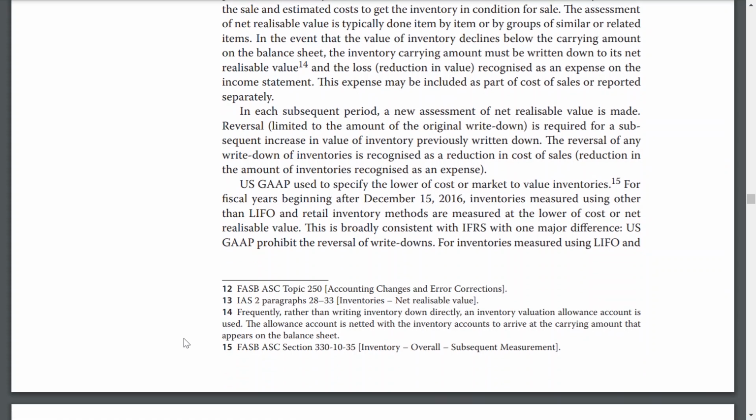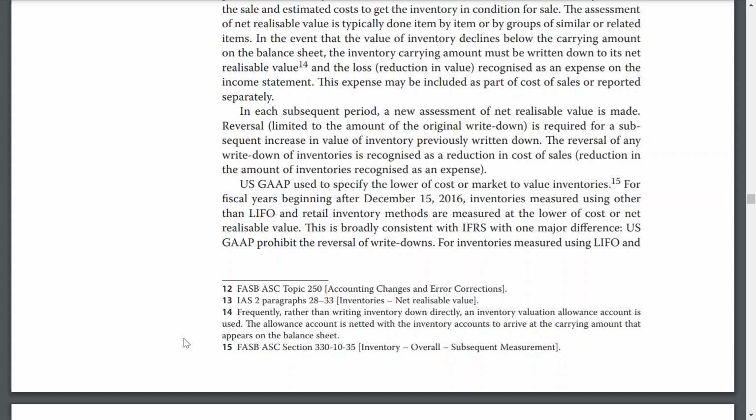US GAAP used to specify lower of cost or market to value inventories for fiscal years beginning before December of 2016. Inventories measured using methods other than LIFO and retail inventory methods are measured at the lower of cost and net realizable value.